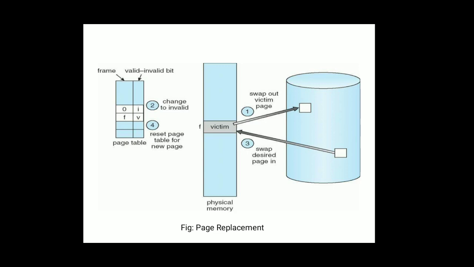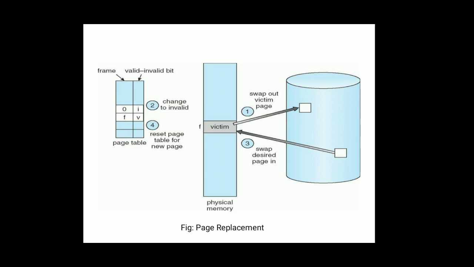The victim page is a page which you want to remove from the main memory. After swapping out the victim page, the second step is to change to invalid in the page table, which means that page has to be marked as invalid in the page table with respect to a particular process.